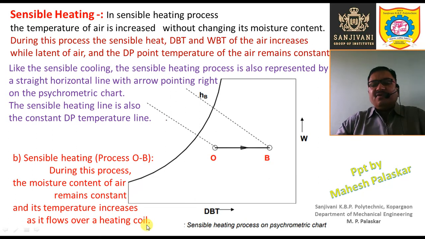The heating coil may be an electric resistance coil or some coil through which hot water is flowing. The air comes in contact with this heating coil, and due to that the dry bulb temperature of the air increases without any increase in the specific humidity, right?